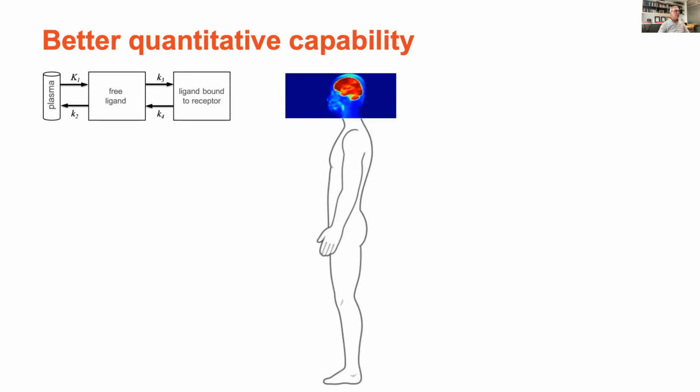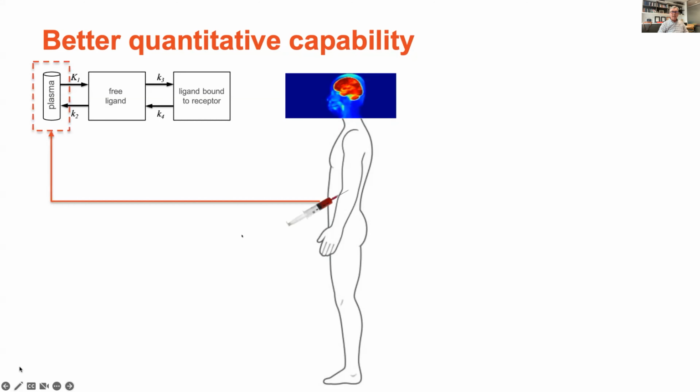So just to touch on the quantitative capability, when we do a dynamic brain scan on a conventional PET scanner, we cover enough of the field of view to cover the entire brain. And from that data, we can apply pharmacokinetic models like this one shown on the left here. But if we want to extract quantitative estimates of these parameters, we need to know what the radiopharmaceutical concentration is in arterial plasma.